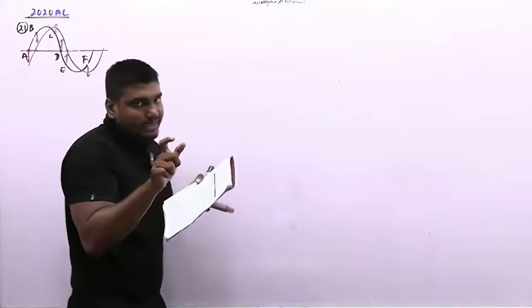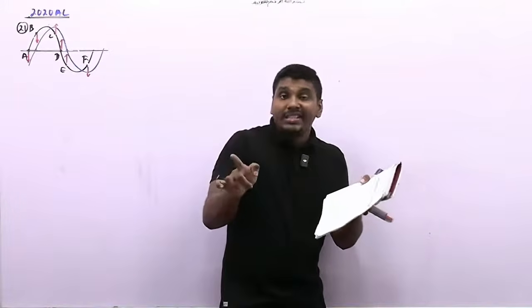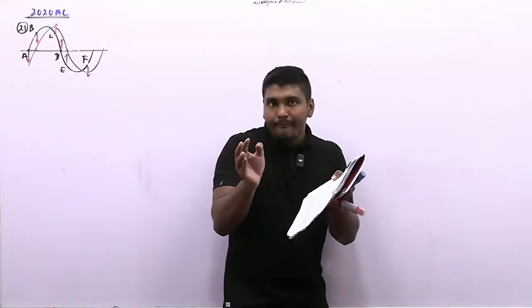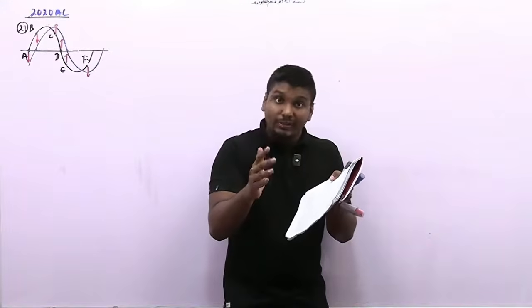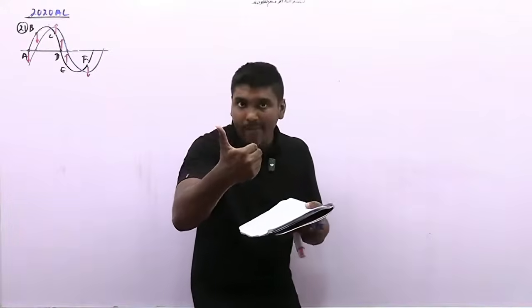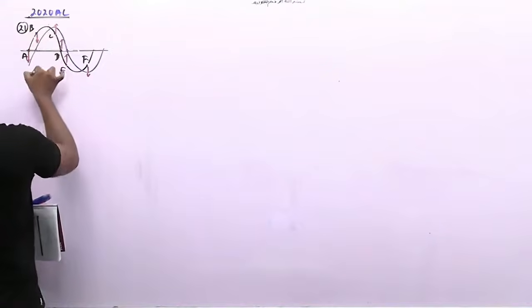Because the B and F medium particles have the same velocity direction in the next instant. But one can argue that's just because their directions are the same. What about their magnitudes? If we know the simple harmonic motion theory, just consider this is the equilibrium point, okay?